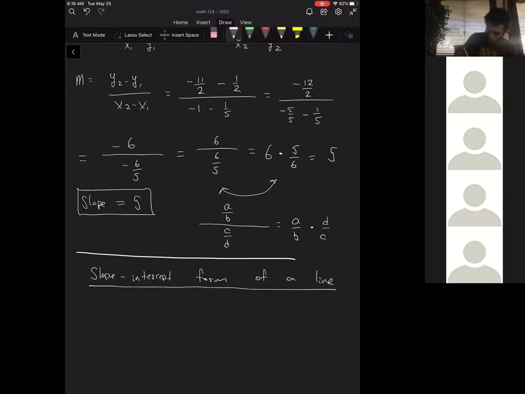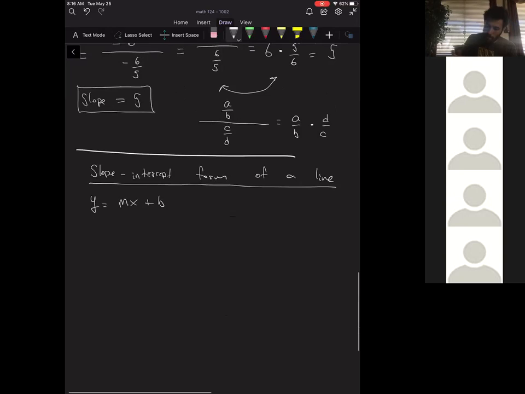So what this is just y equals mx plus b. And whenever we write a line in this form, the m is the slope. So that's going to be the slope of our line. And the b is the y-intercept.